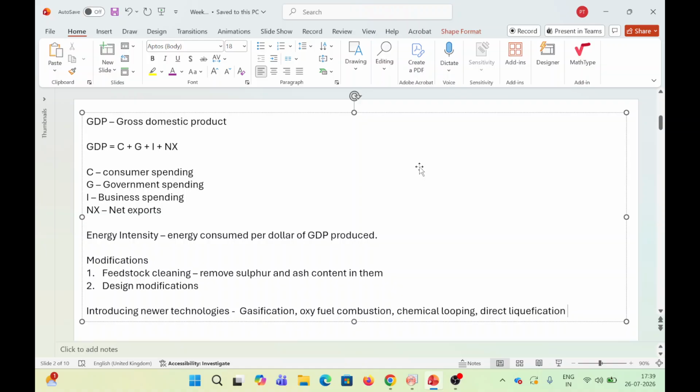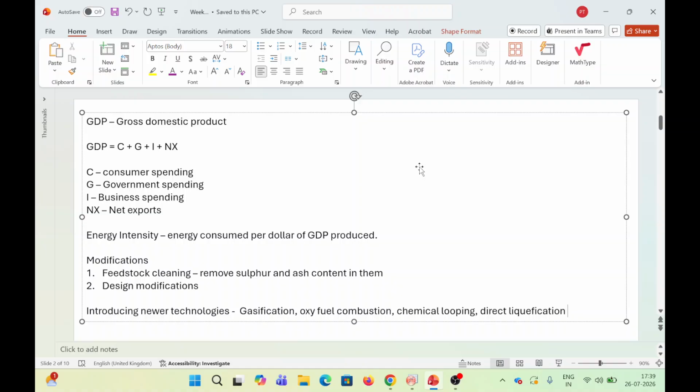So this is about the fuels as such. We talked about why energy is important, and how we can use GDP and energy intensity as a parameter to know about the per capita consumption and production of energy and the energy efficiency analysis.